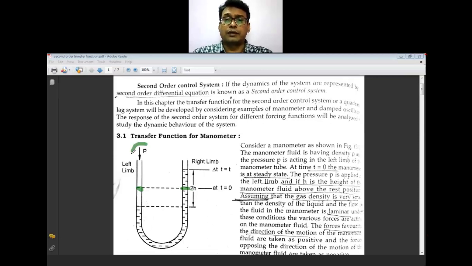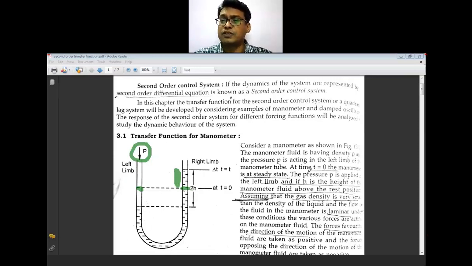But now you are going to apply the pressure P. Force P is applied from one end of the limb. What will happen? The fluid inside this limb will move downward, and a certain height will be achieved in the second limb. So this is the right limb and the left limb.